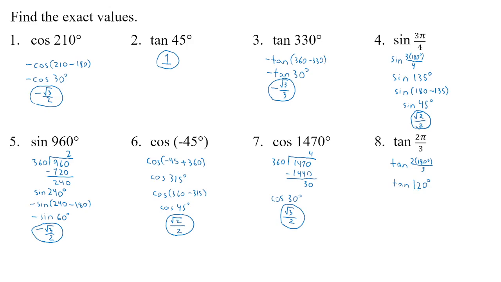Now 120 is between 90 and 180, which means that the terminal side is in the second quadrant, where tangent is negative, and the reference angle would be 180 minus 120, which will give you negative tangent of 60 degrees, which is negative square root of 3. So your solution is negative square root of 3.